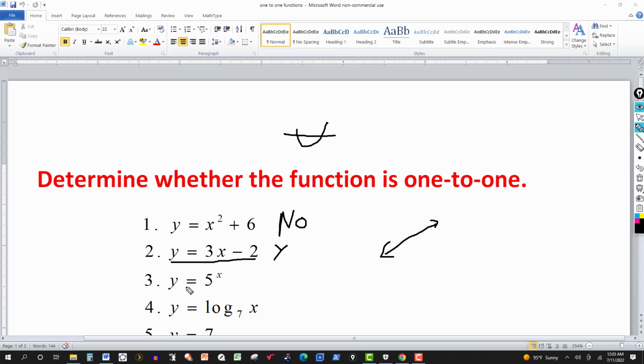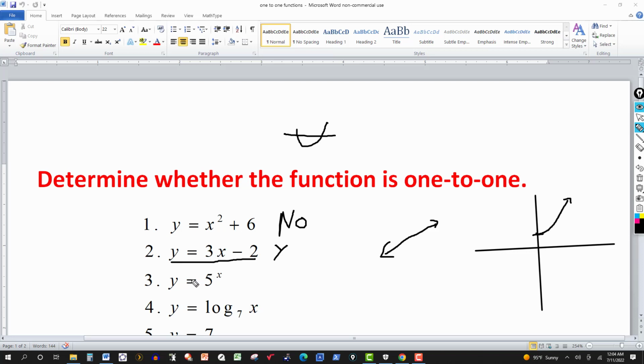The second one, y equals 5 to the x. You should recognize that as an exponential. So notice if you pick x to be 0, 5 to the 0 is 1. So the graph passes through (0, 1). And as x gets larger, 5 to the x gets larger, so this graph is rising, going out something like that. And as x gets small, go to the negative side, 5 to the negative 1 is 1 over 5. 5 to the negative 2 is 1 over 25.